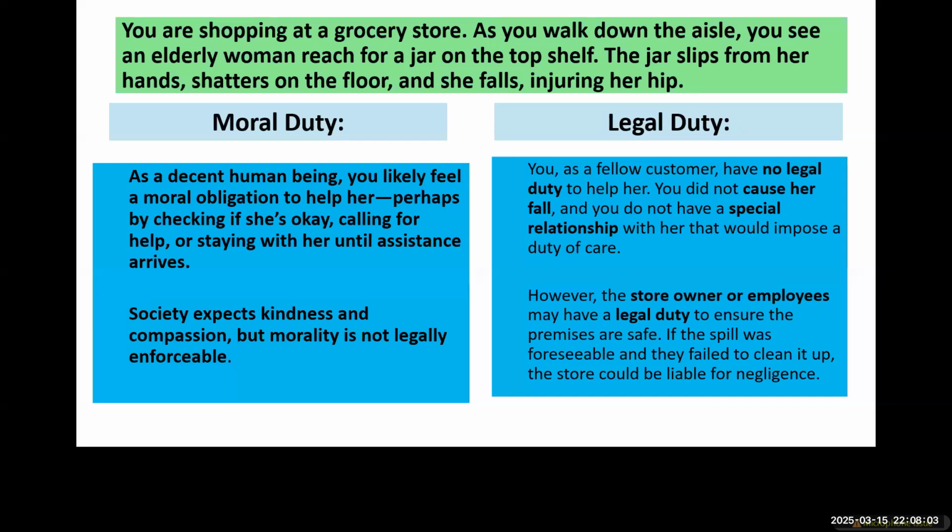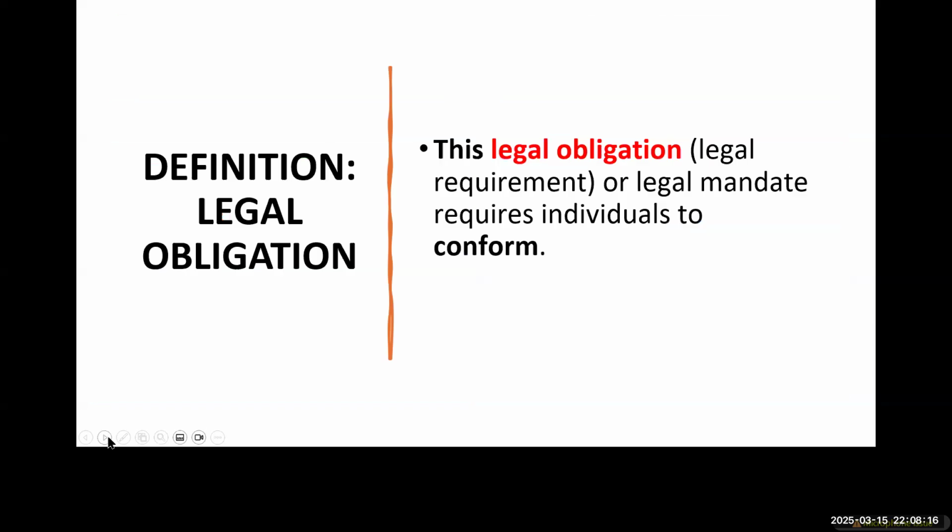Okay, but we were talking about what your responsibility was or what your expected responsibility was as a shopper. So don't get moral duty and legal duty mixed up. They're different things. So what is the definition of legal obligation? Because we watch the scale, watch the scale. Duty infers duty of care. I defined that to mean a legal obligation.